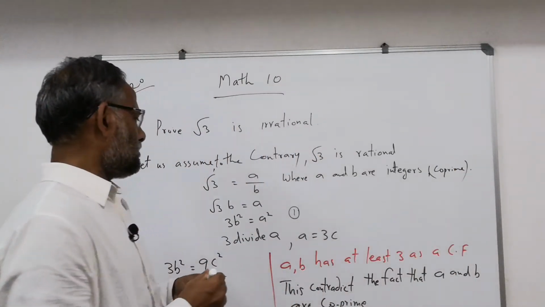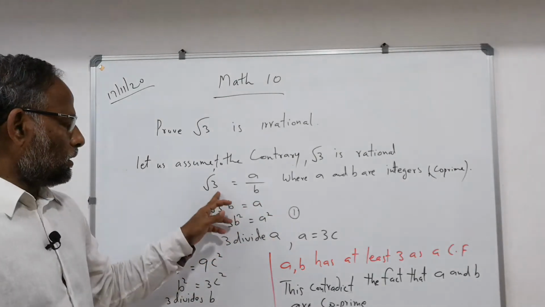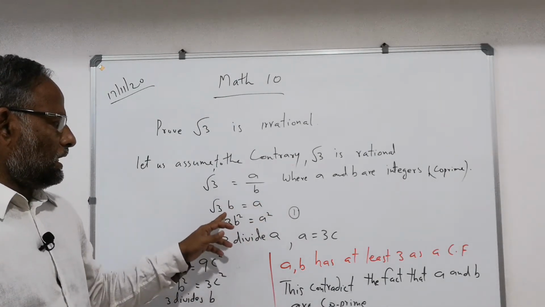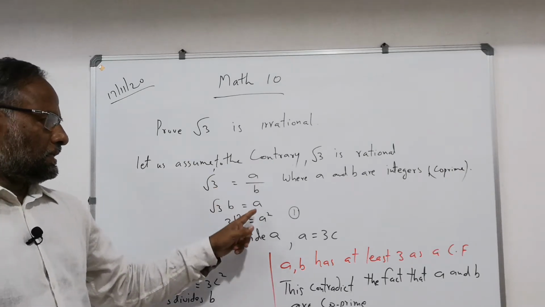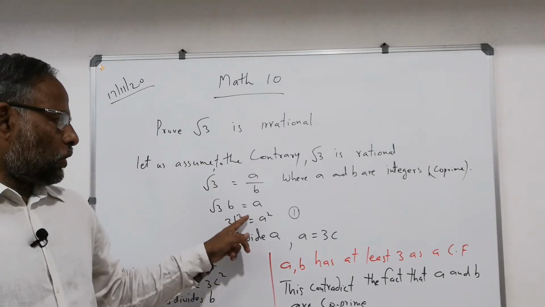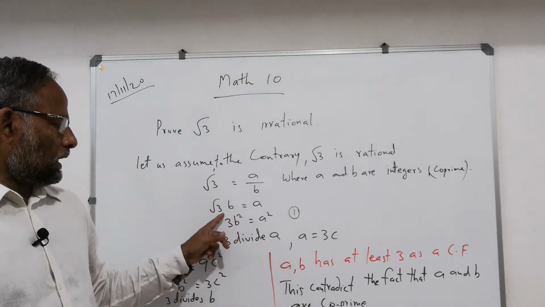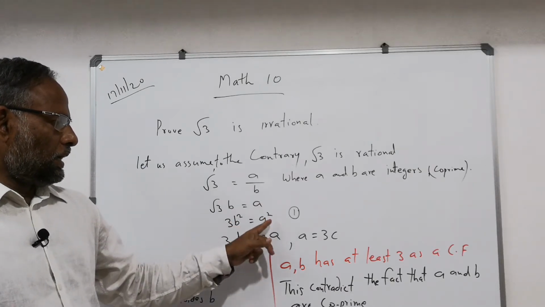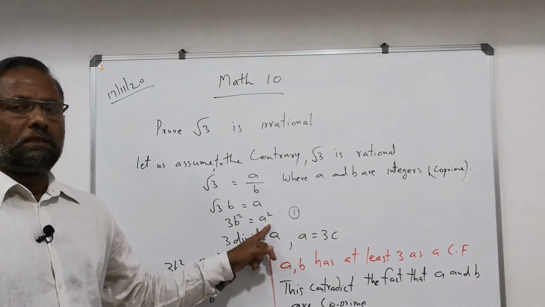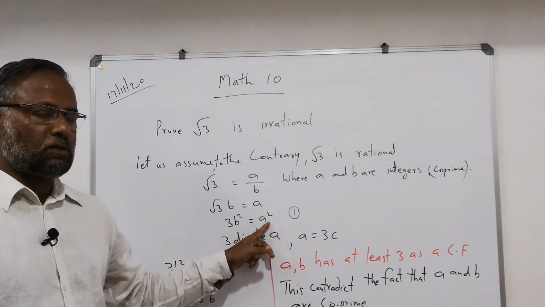Now listen here, root 3 is equal to A by B, so cross multiplication, A is equal to root 3 into B. Now squaring, root 3 into B into B, 3B square is equal to A square. This is equation 1. Look here, 3B square is equal to A square.